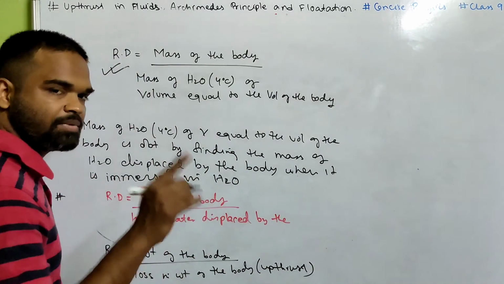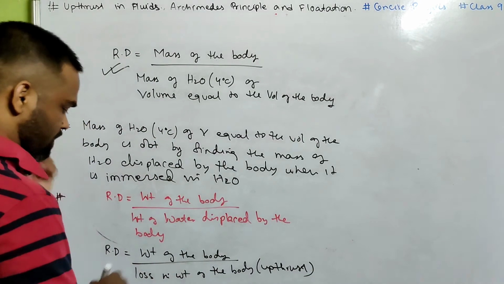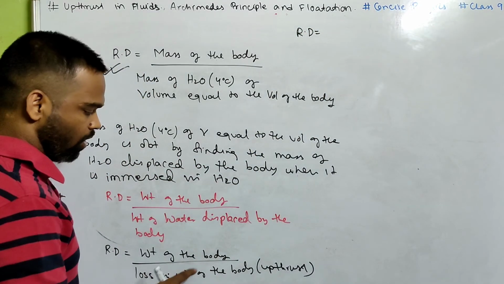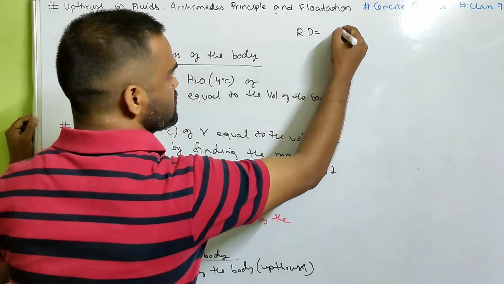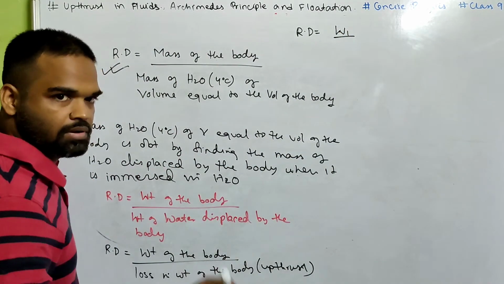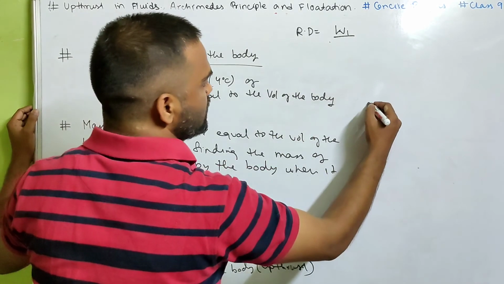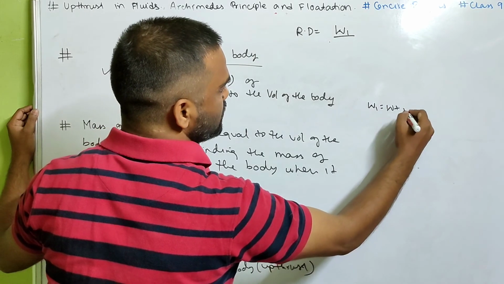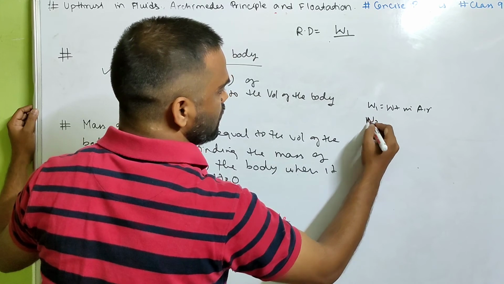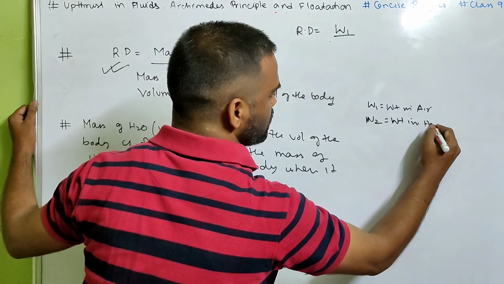In the previous chapter we have done this. Yes or no? So RD becomes weight of the body in air by loss in weight of the body in water. I am taking W1 as the weight in air and W2 as the weight in water.